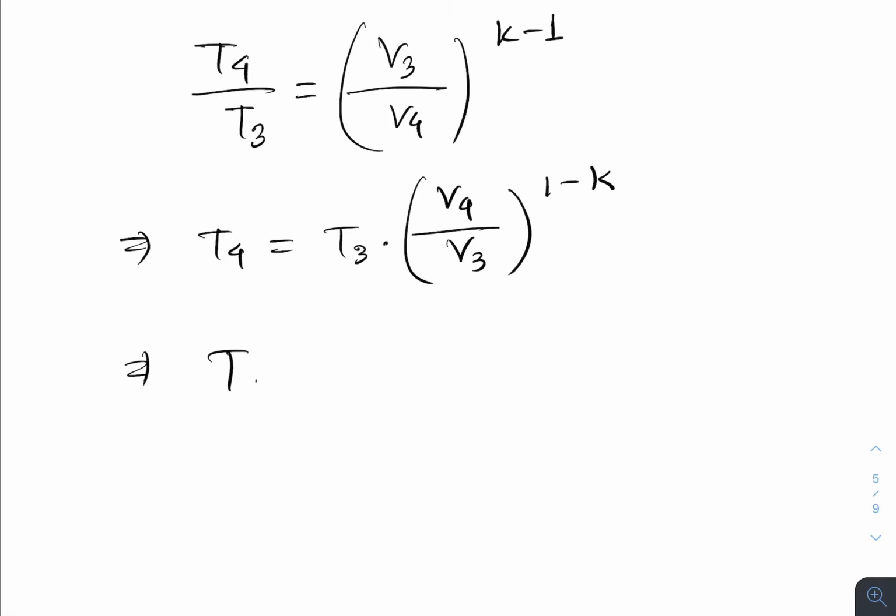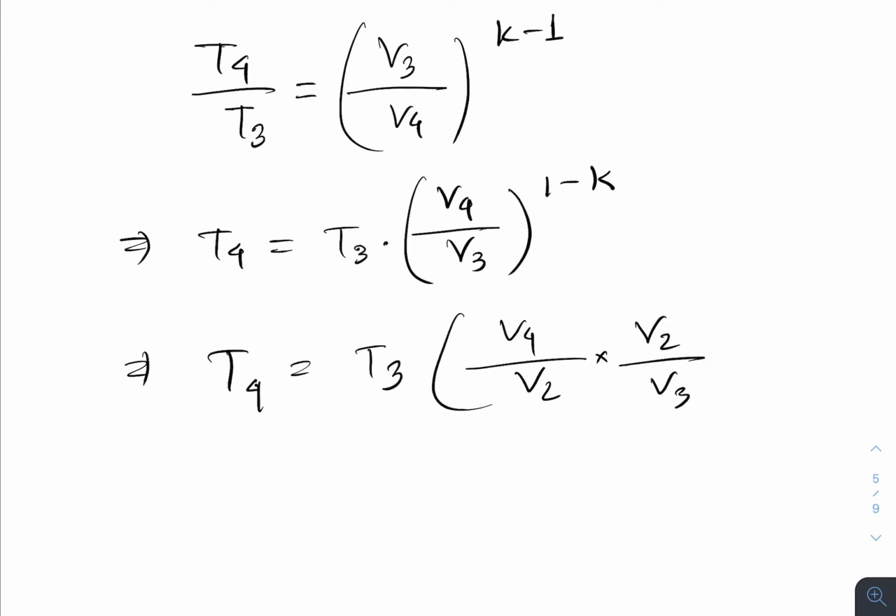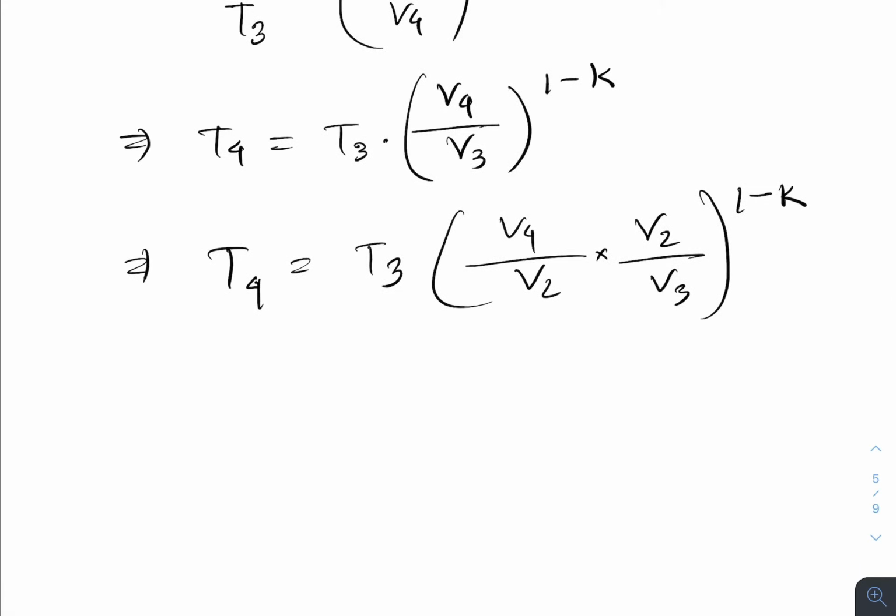then it becomes the power 1 minus K, and T4 equals T3 times V4 over V2 times V2 divided by V3. The V2 and V2 will cancel, leaving only V4 divided by V3.